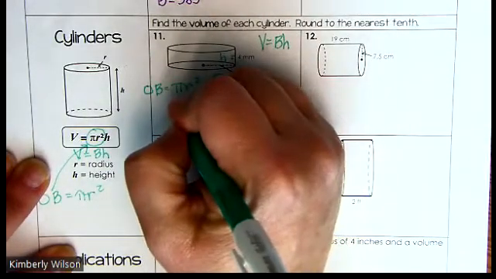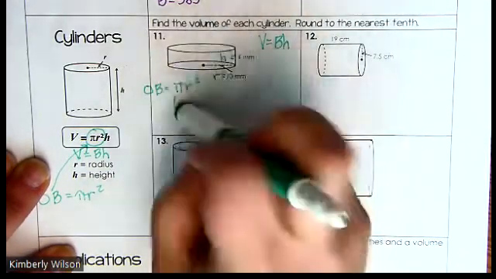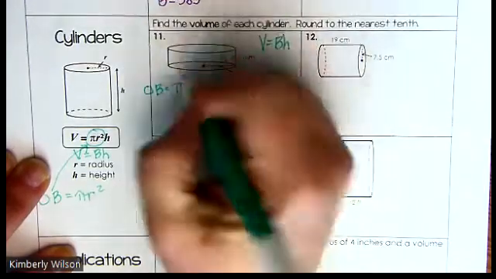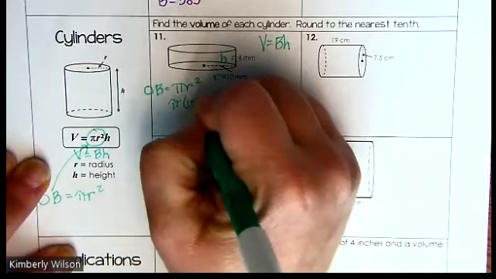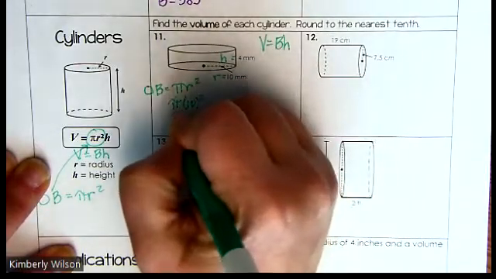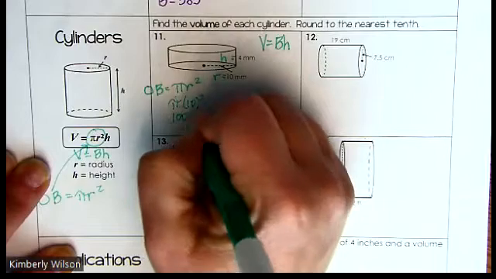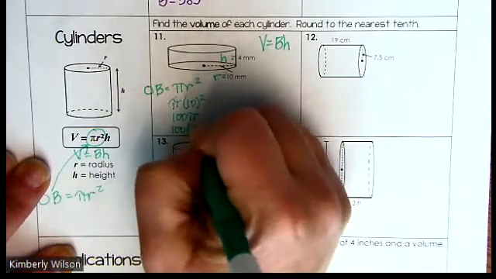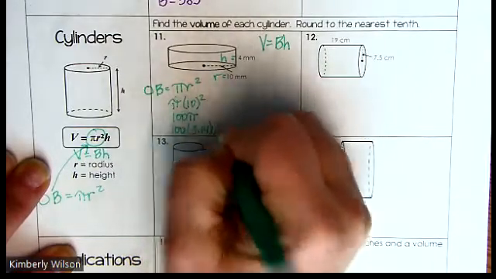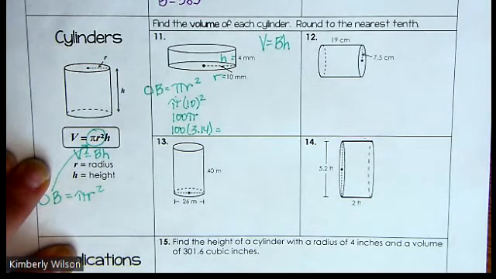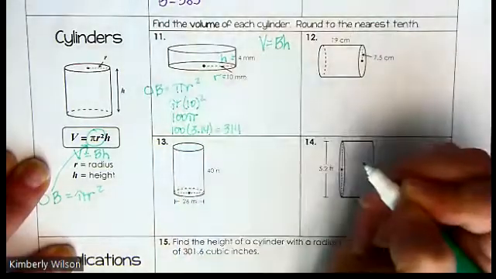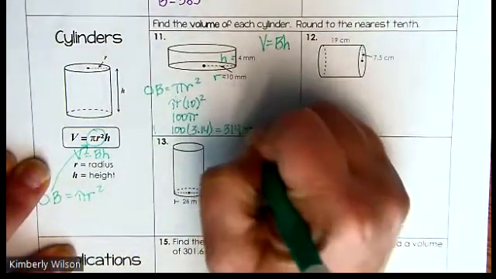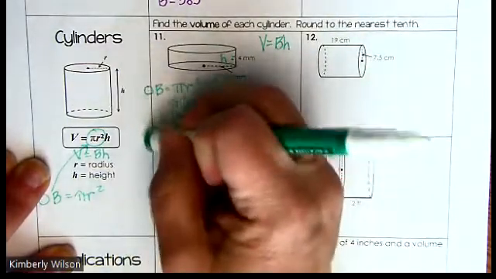So I have pi times 10 squared, which is going to give me 100 pi, which is 100 times 3.14, which is 314. This is what my B equals.